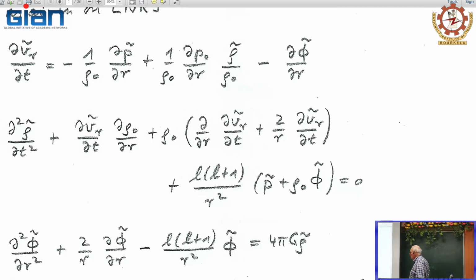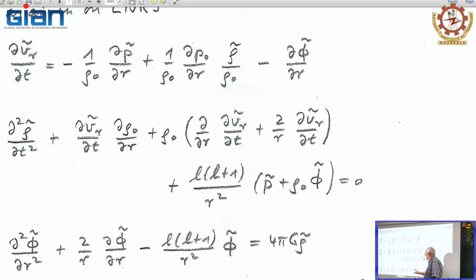This is the perturbed, or linearized, version of Poisson's equation, which gives the Laplace operator acting on the Eulerian perturbation of the potential, and on the right hand side we have the Eulerian perturbation of the density.